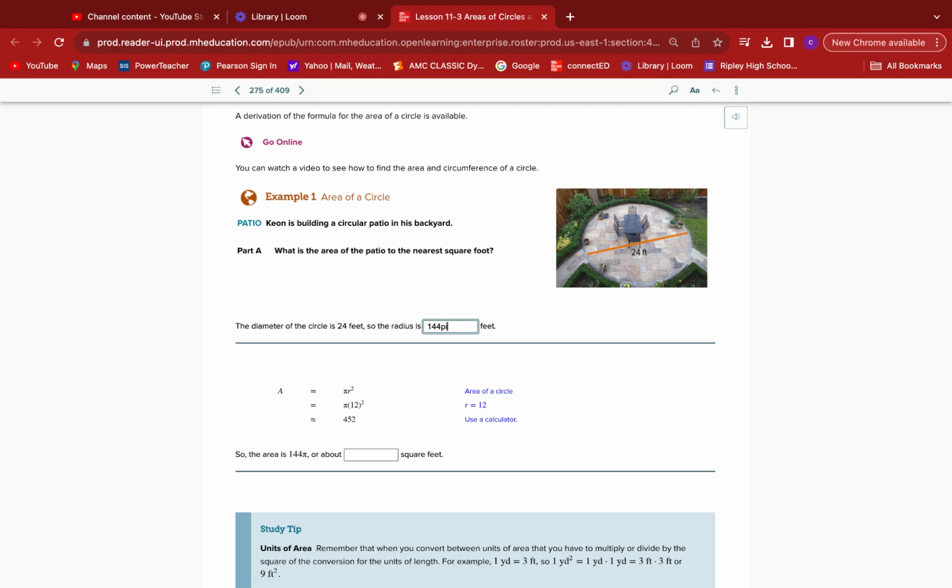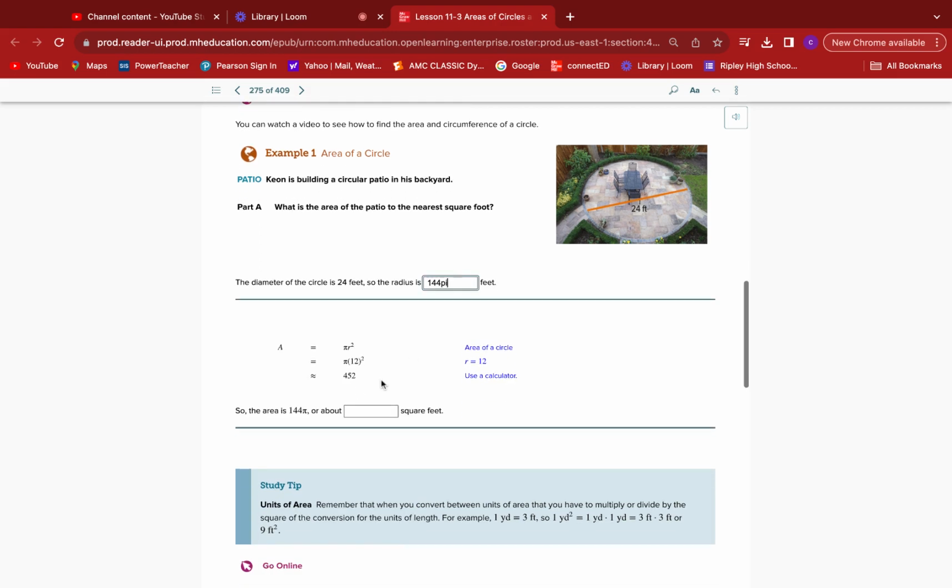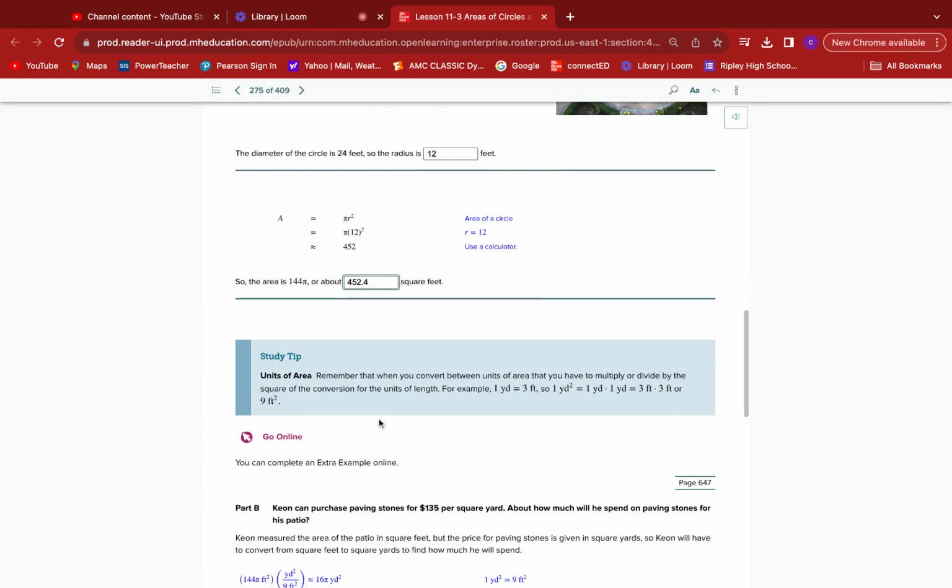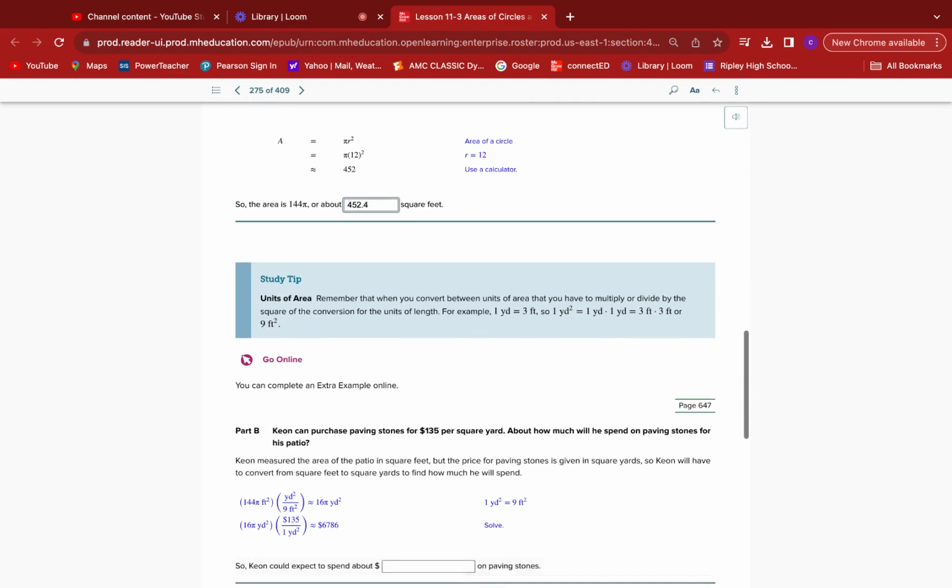All right, there you go. Oh, all right, you guys. So the radius, I got ahead of myself, my apologies, is 12 feet. So 144 pi or 452.4. Okay, there you go. Done correctly.